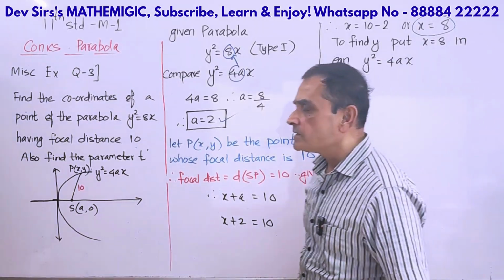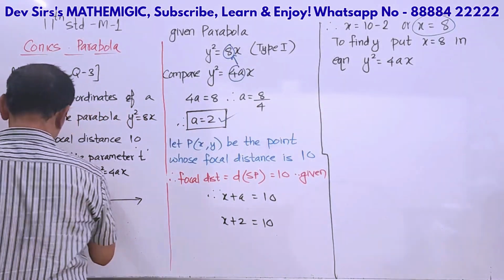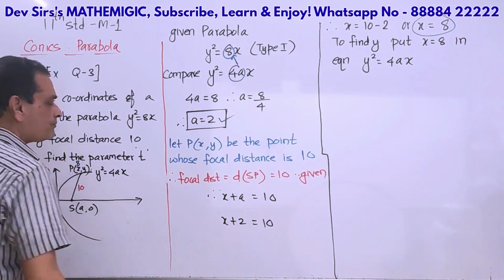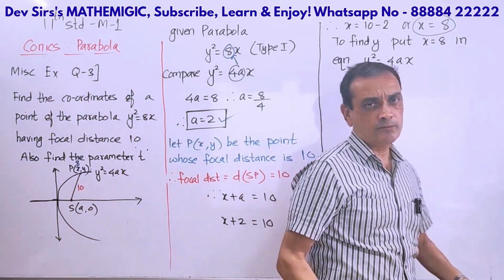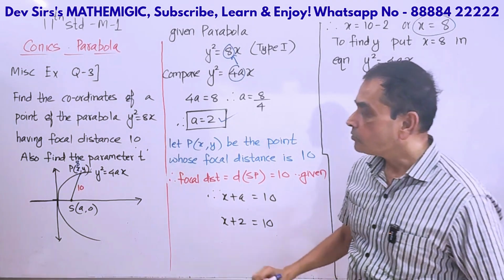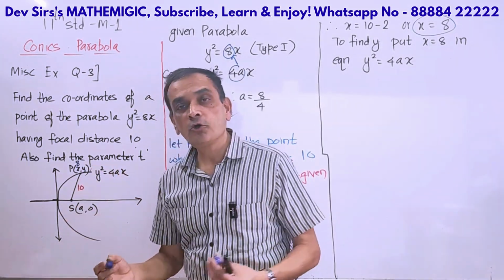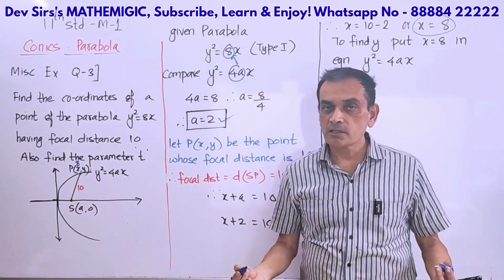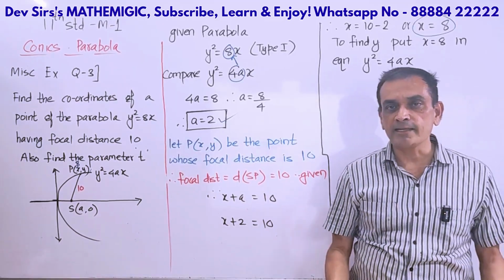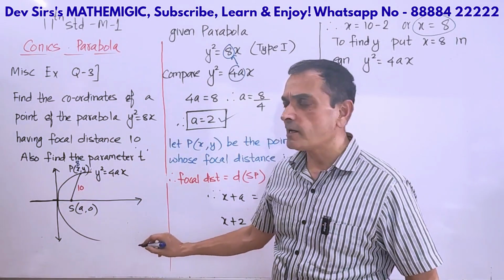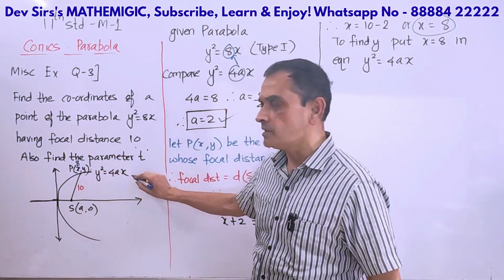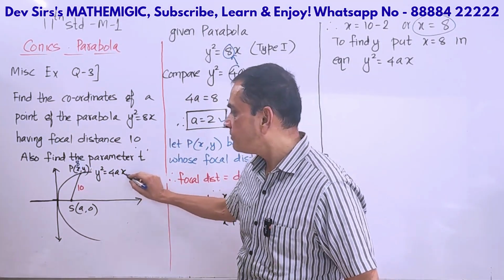Now x equal to 8 means what? We have got one coordinate of the point. You have to find out y now. How do you find out y? The same method that we have used for straight lines. When the point lies on the parabola, it satisfies this equation.